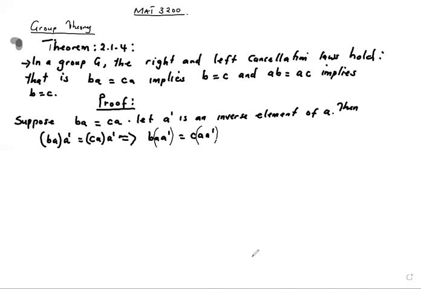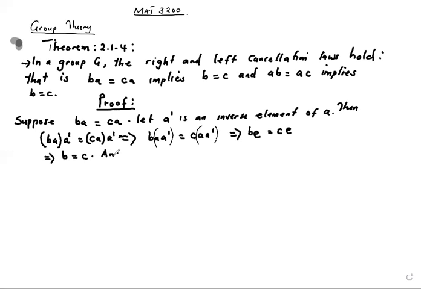So if I put brackets, this will just be B multiplied by the identity, because I've multiplied A with its inverse. And the same thing happens on the right. Remember the properties of the identity, that when it multiplies anything, you get that thing. So we have shown that BA is equal to CA implies B is equal to C.